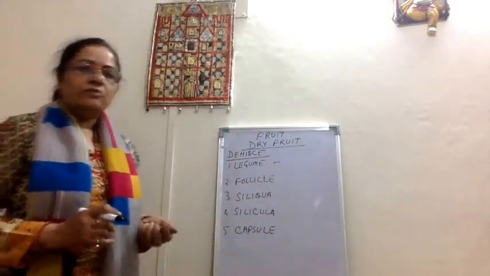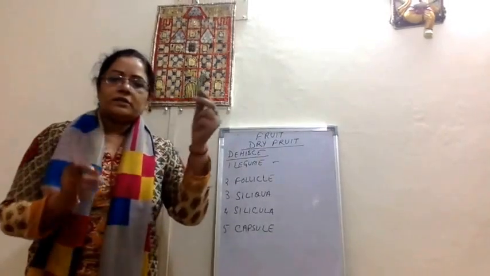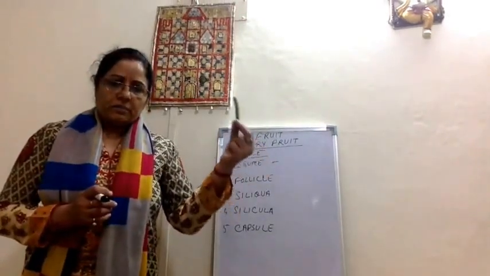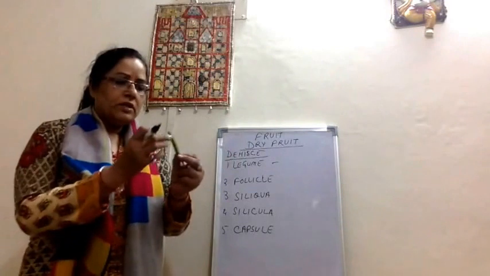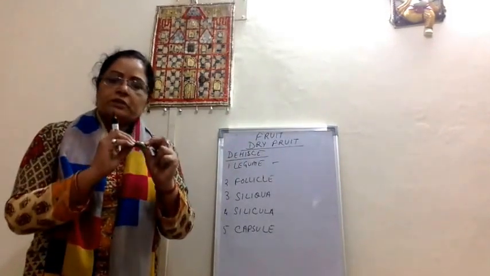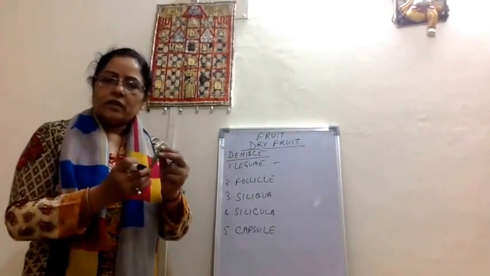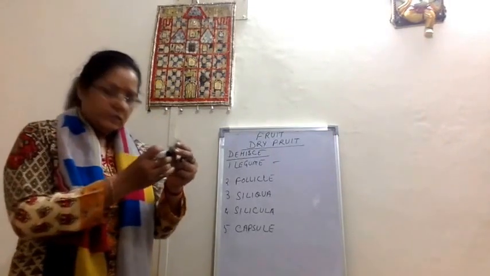Number one is legume, again a monocarpellary condition as in pea. They dehisce like this, split open in two, and inside the seeds are all arranged along the margin.